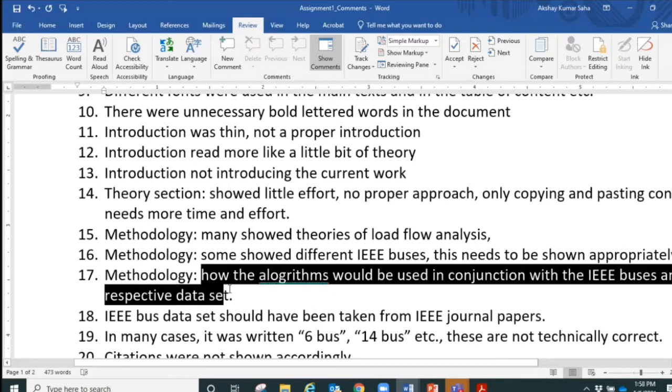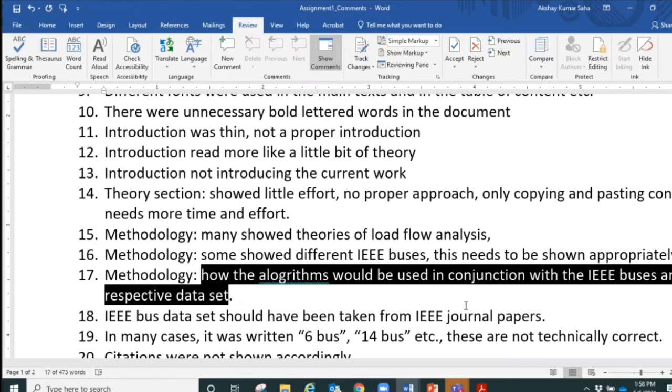And the methodology should show how the algorithms, meaning Gauss-Seidel, Newton-Raphson, and fast decoupled method, will be used together with those 3 IEEE buses. And you must show the data set that you are using from the literature for the IEEE buses in that methodology section.